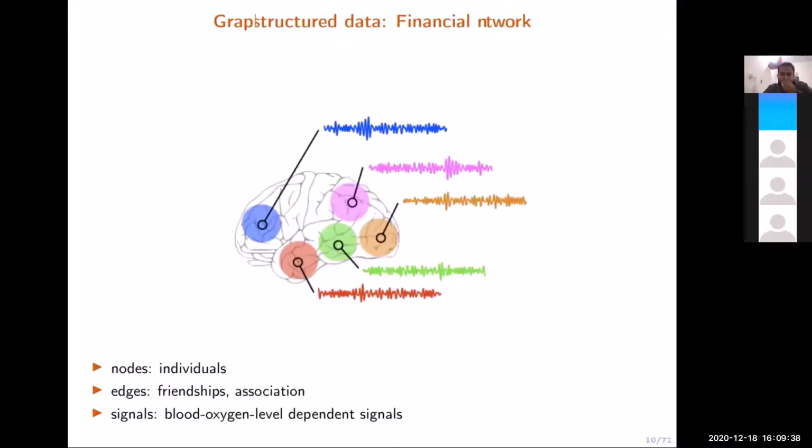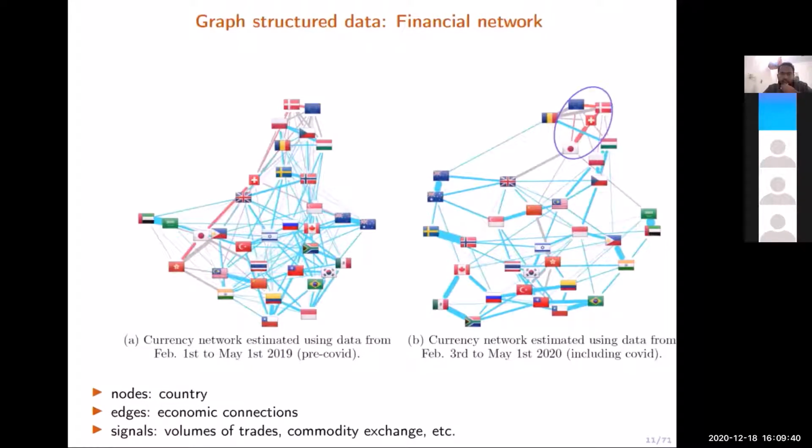So these are a few examples. Similarly, a financial network, where nodes are countries, edges are economic connections, and signals are volumes of trades and commodity exchange. So based on these properties, networks could be built for a variety of applications. Nowadays, graphs and graph-based methods are in almost all application domains.